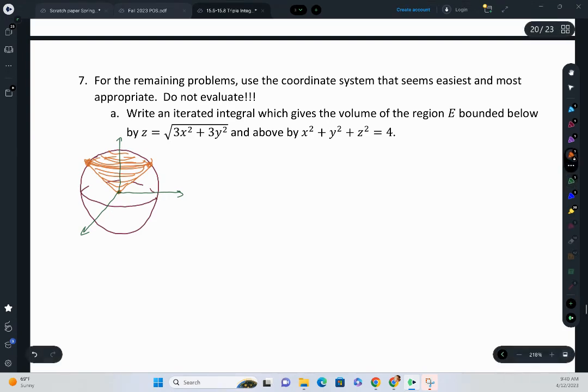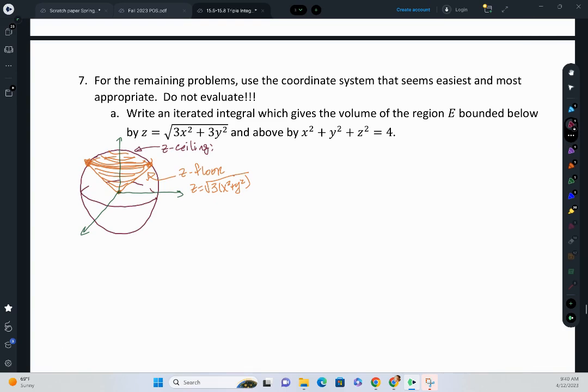So number one, I have a z floor, and the z floor is z equals the square root of 3 times x squared plus y squared. We also have a z ceiling, and that is dealt with by the upper half of the sphere. So I'd solve for z equals the square root of 4 minus x squared plus y squared.